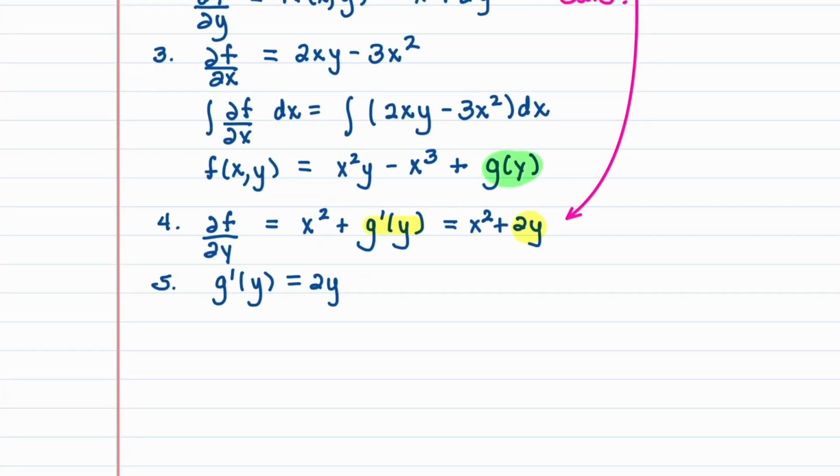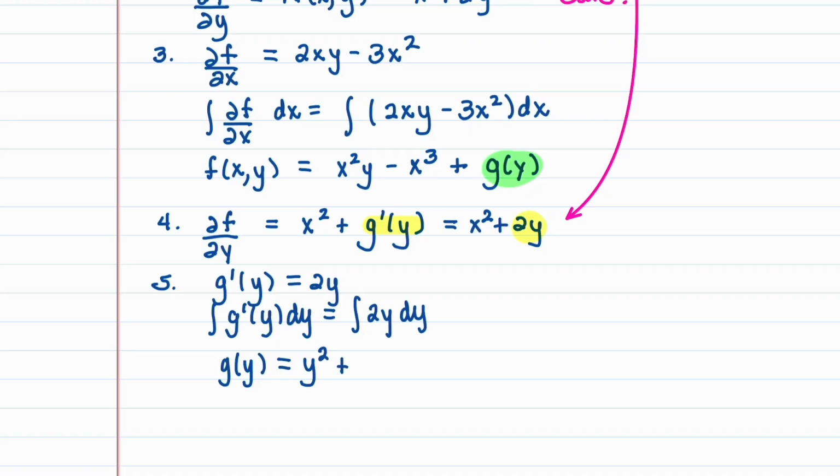Now we need to find g of y, that's highlighted in green. So to do that, we are going to integrate both sides of our equation with respect to y. On the left, we just pick up g of y. And then on the right, we have y squared, and then we're going to add on an arbitrary constant c1.